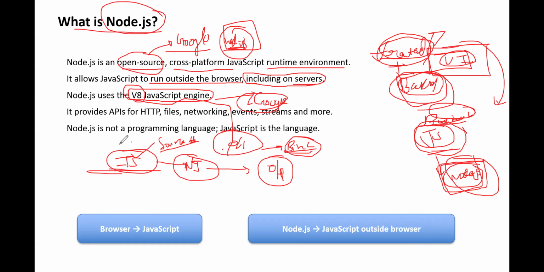So this is the mechanism. Developers write source code in JavaScript .js files and run it in the Node.js runtime environment. The Google V8 engine converts this source code to machine-understandable language, and we get output after the machine runs it.